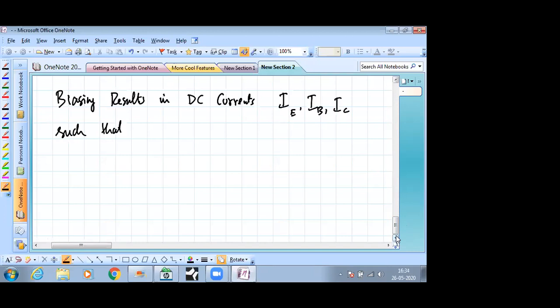So let's take one of the two circuits above and understand how the currents are flowing. Let's take the first one, NPN.